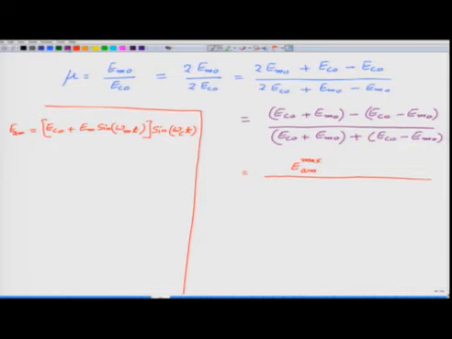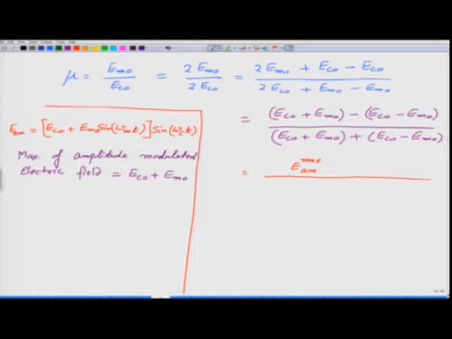So, I can see that the maximum of the amplitude modulated electric field is given by E c naught plus E m naught. This was E m naught here.